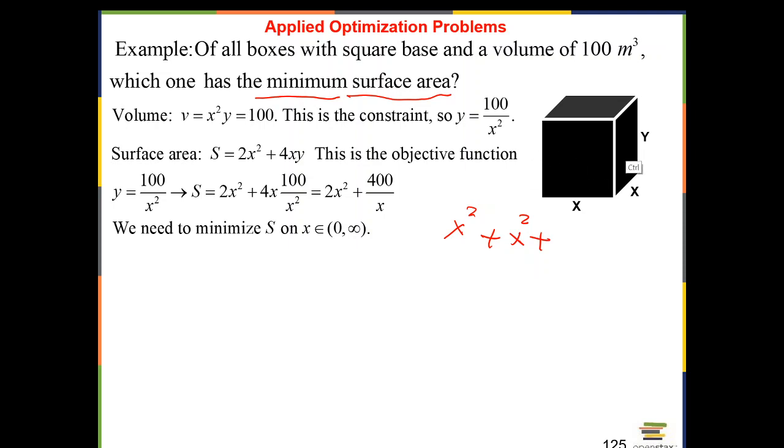So we got x times y, x times y, x times y, and the one behind it is x times y. So we got 4 x times y's. So that is the surface area. So surface area is 2x squared plus 4xy.